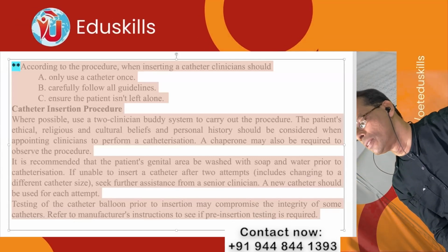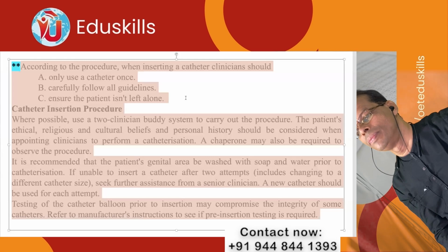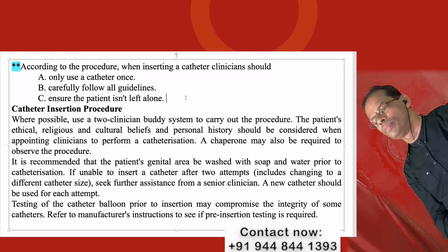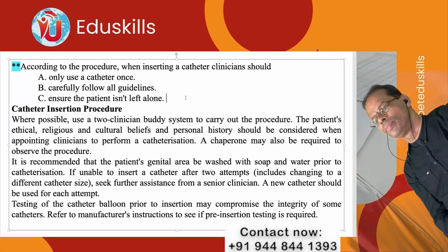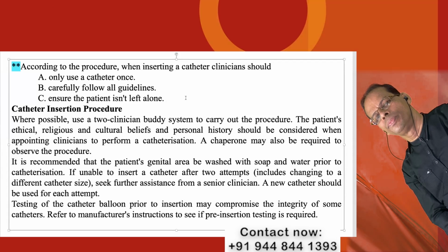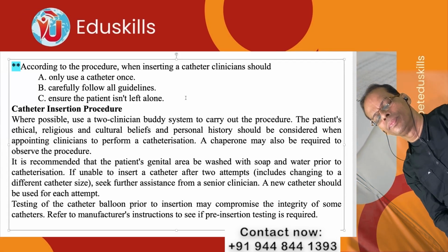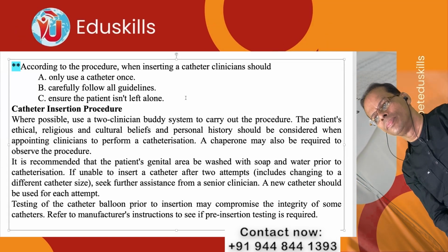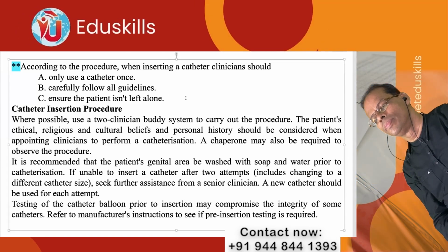According to the procedure, when inserting a catheter, clinicians should A. Only use a catheter once. B. Carefully follow all guidelines. C. Ensure the patient isn't left alone. Catheter insertion procedure. Where possible, use a two-clinician buddy system to carry out the procedure. The patient's ethical, religious and cultural beliefs and personal history should be considered when appointing clinicians to perform a catheterization. A chaperone may also be required to observe the procedure.